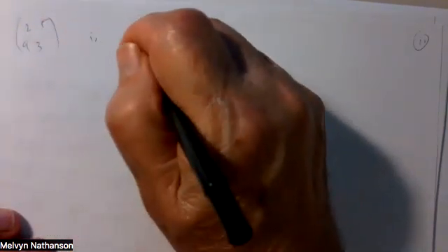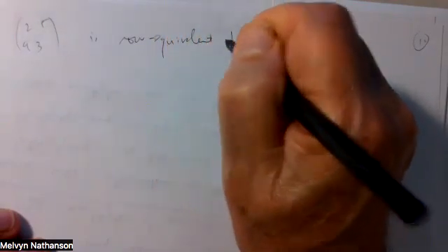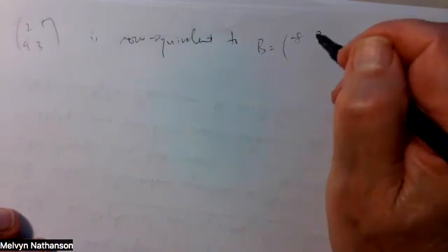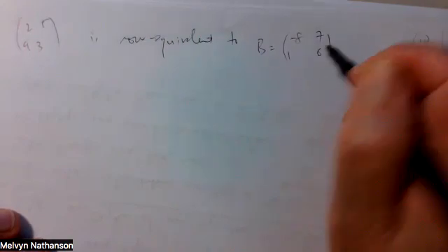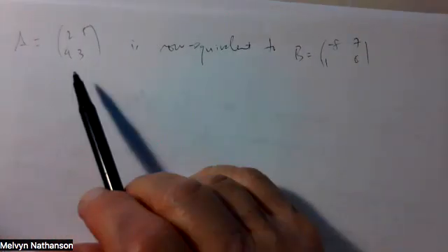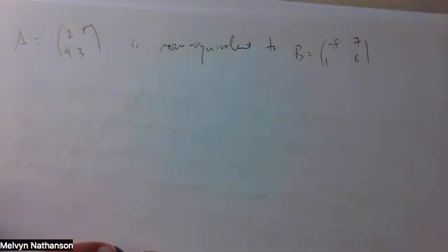I claim this is row equivalent to the matrix B, minus 8, 7, 1, 6. Now, if you look at these two matrices, it's not at all obvious you can get from this matrix to this matrix by some series of these elementary row operations. But in the notes, I actually put down a sequence of operations which carries this out.